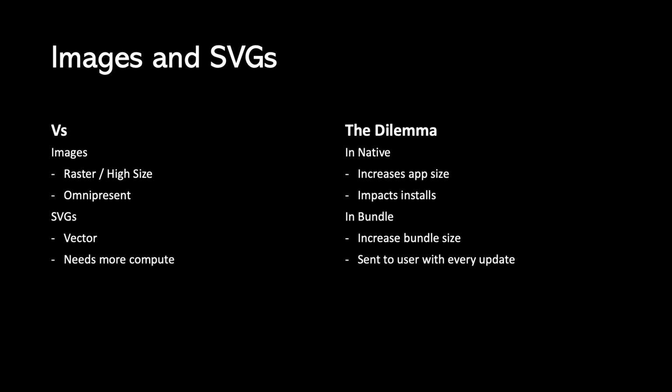A user that has installed the app is now downloading the multiple bundles with that increased app size. So what should we do? Let's look at how images and SVGs are used in the app, and that will help us derive a lot of best practices. Let's see that.